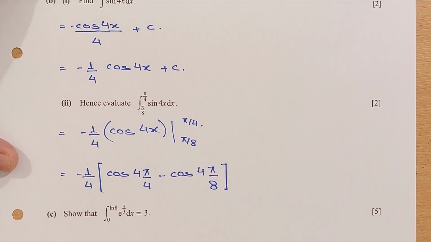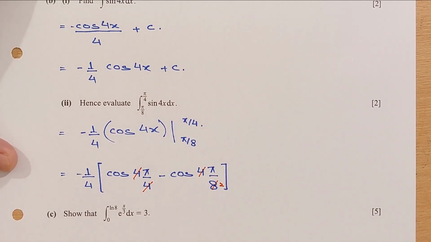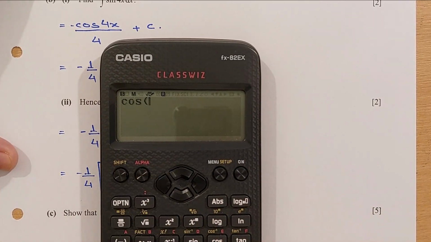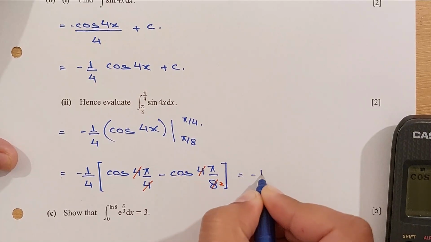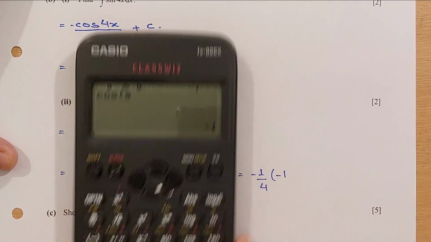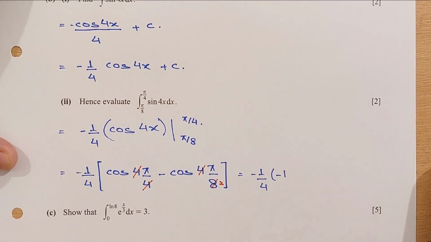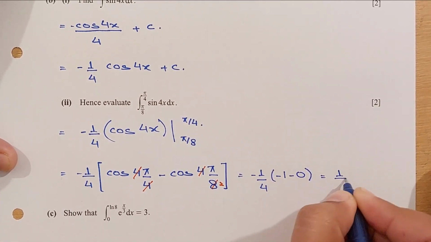So here we can cancel 4 and 4, and 4 times 2 is 8. Cos pi and cos pi by 2. Cos of pi is negative 1. So minus 1 by 4, we have minus 1, and cos pi by 2 equals 0. Minus 0. This is just 1 by 4.